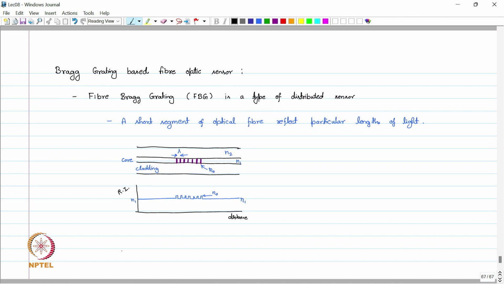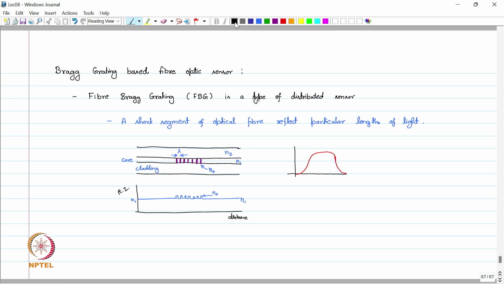Let's plot the input and output waveforms of this FBG sensor. So we send a signal into this optical fiber. Instead of sending one frequency, we send a band of frequencies to this optical fiber.